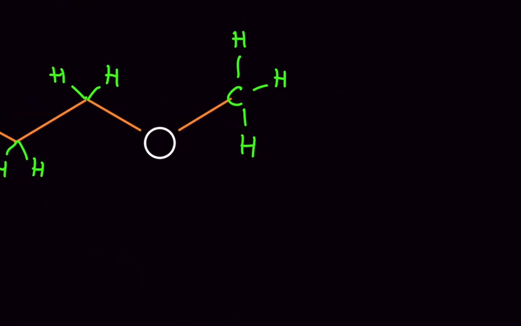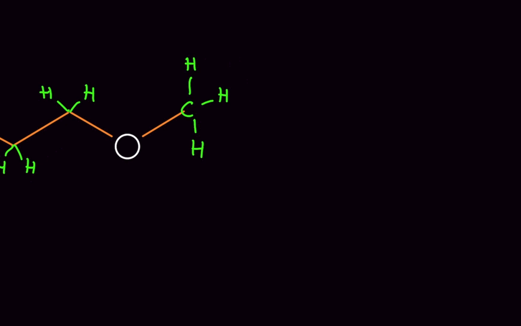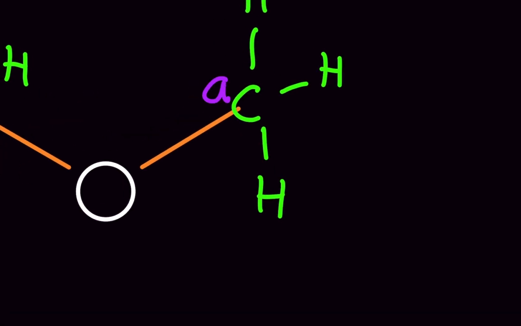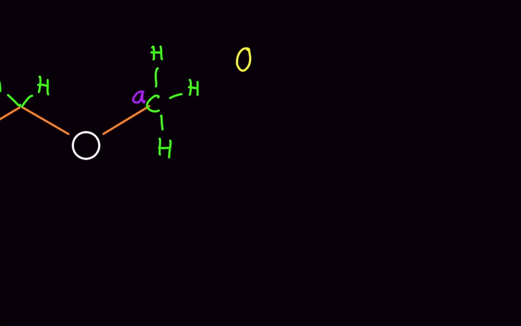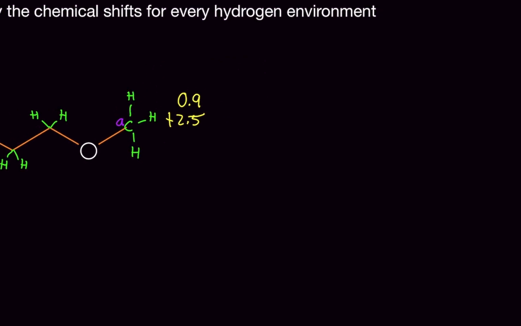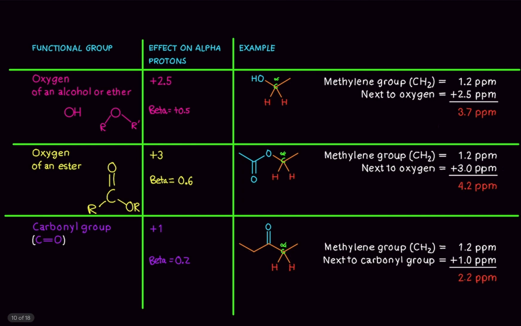So now let's do this one. This carbon's alpha to this oxygen. So we do 0.9 plus 2.5, because oxygen of an alcohol or an ether group is 2.5.